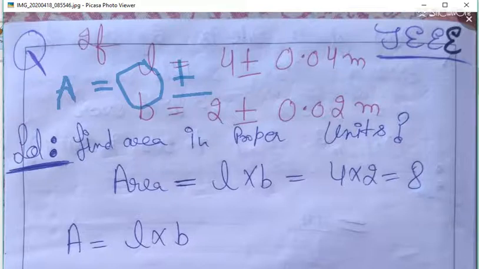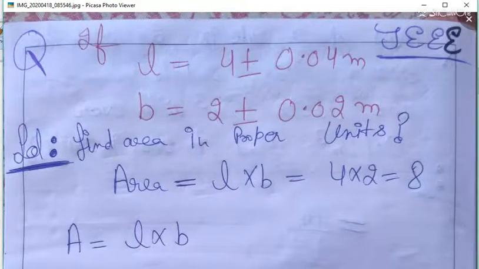So you can see that he has given two values and we have to find area in proper units. So we will solve this problem. If you watch it carefully, then you will easily understand it.